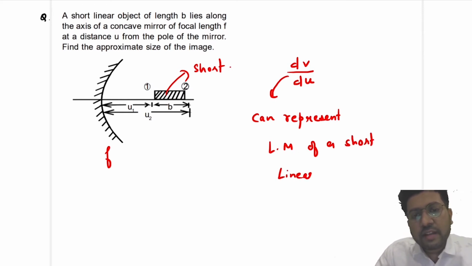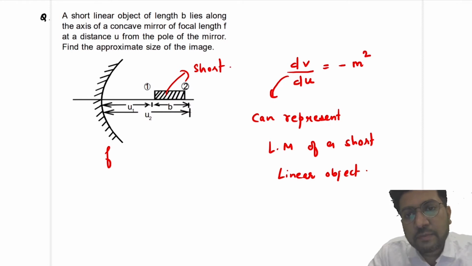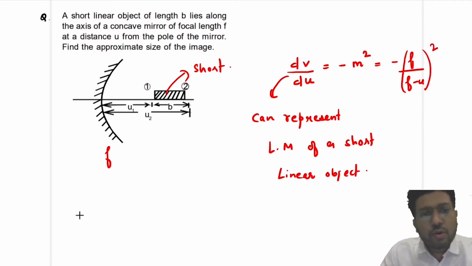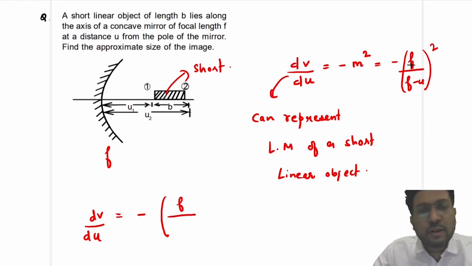And we know that this is equal to minus m square, and this is equal to minus f by f minus u whole square. So you will get dv by du is equal to minus, now what is the focus? The focus is f, and if you want to put it with proper sign, then you have to put it with negative sign, divided by f minus u.